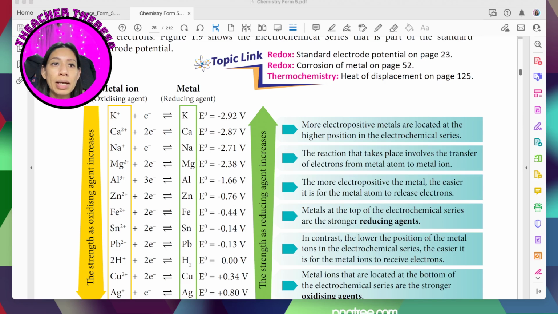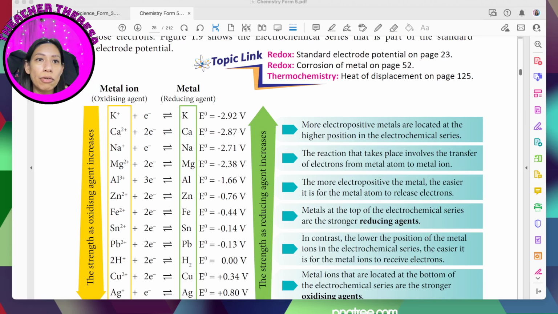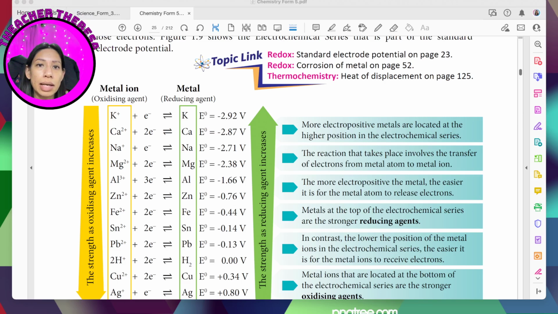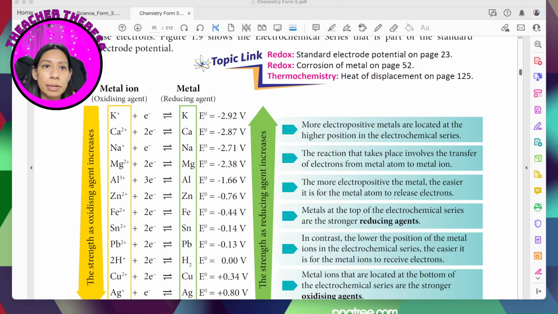Now, here there is a list of metals and their ability to form positive ions. You don't have to memorize the list because this will be further discussed in 1.2, under the standard electrode potential.